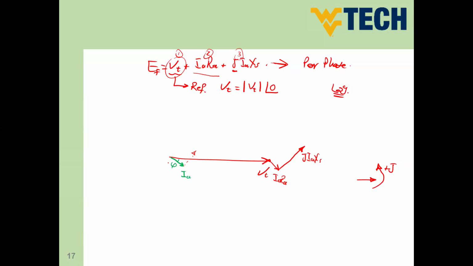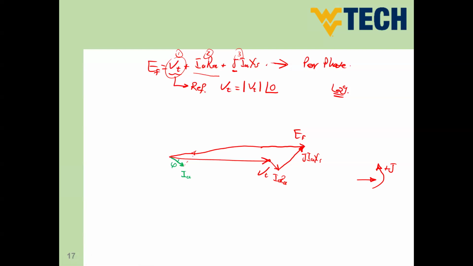So this means the vector EF would start from this point till the last point here. So this would be the vector EF. Sorry, guys, this is freehand, but you can draw that using your ruler.